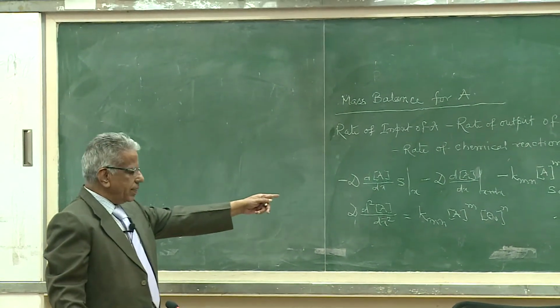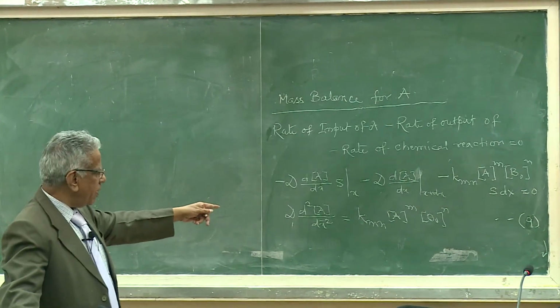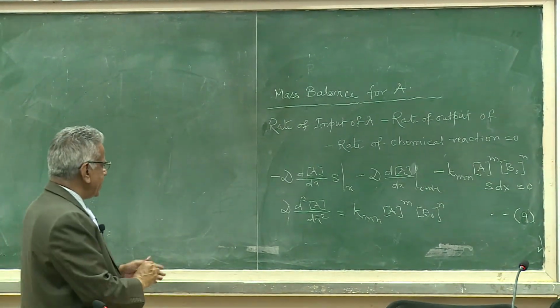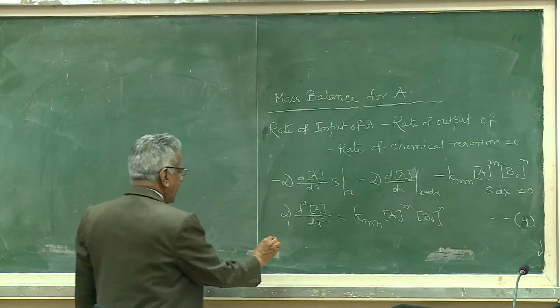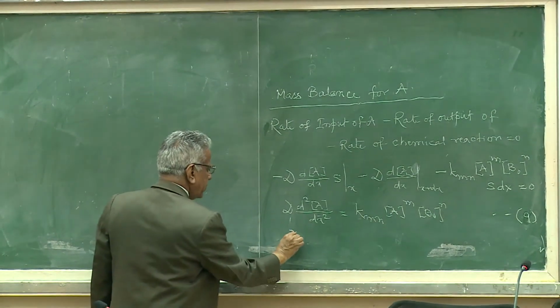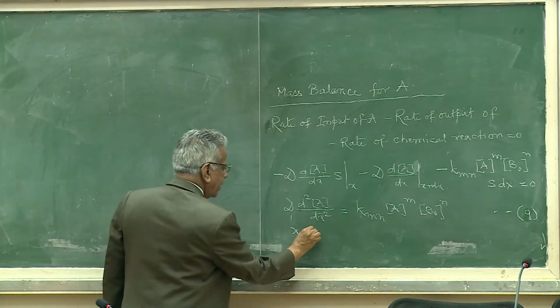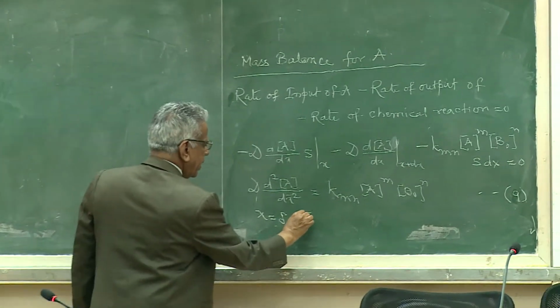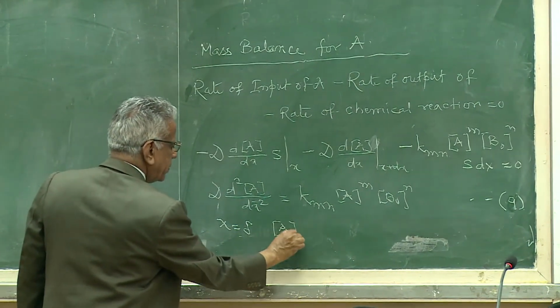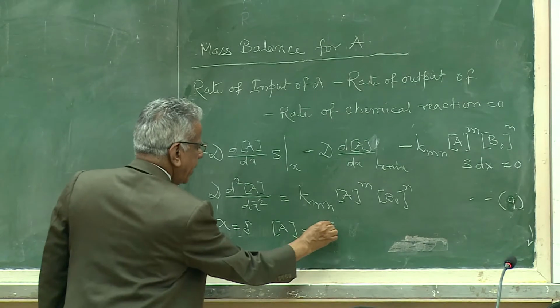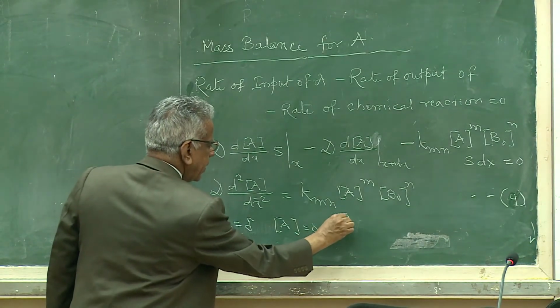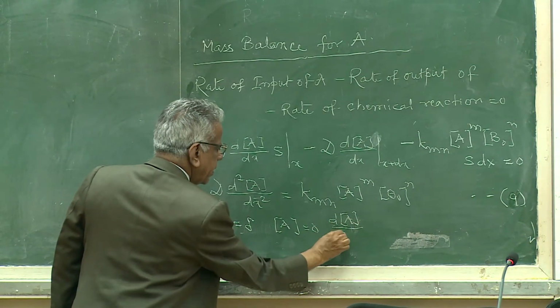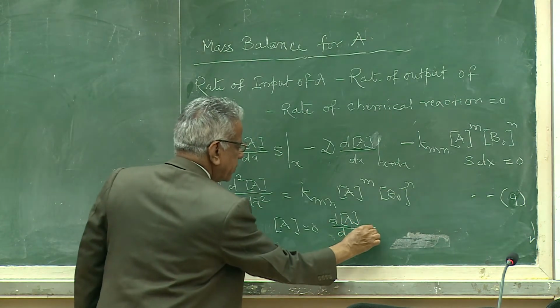Now, this equation we want to solve, but boundary conditions are known to us. At x is equal to delta, other end of the film, A is equal to 0 and dA by dx is also 0.